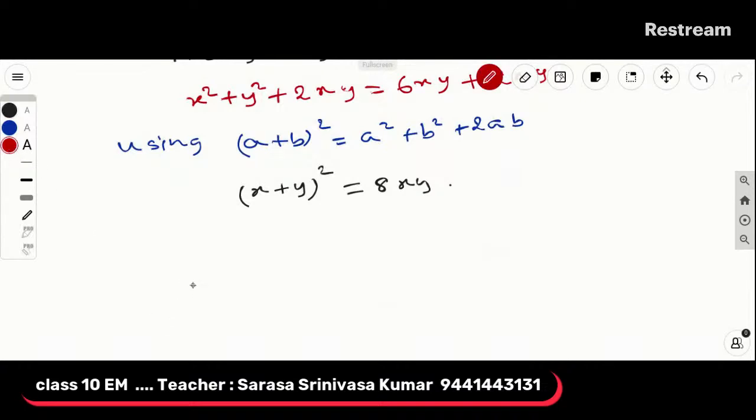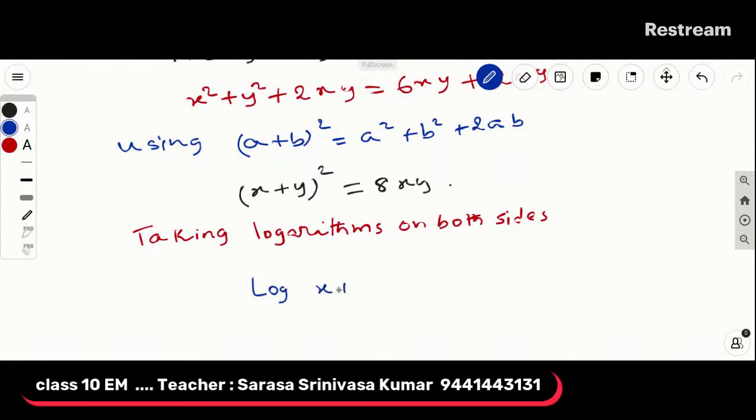Taking logarithms on both sides, we can write log of (x plus y) whole square equal to log of 8xy.